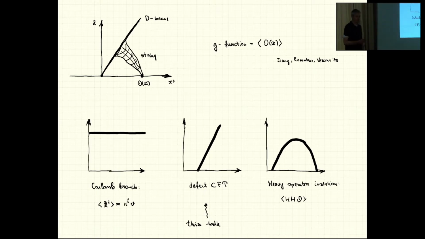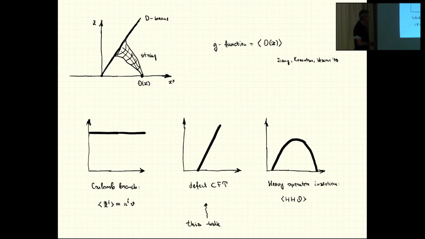Integrable D-branes were actually classified by Dekel and Oz in 2011. They can have different shapes. The D-brane can go parallel to the boundary. That will describe the Coulomb branch, where the gauge symmetry is Higgsed. It can have one leg on the boundary and then go to infinity. This would correspond to a defect inserted in the boundary, so we'll be dealing with a defect CFT.